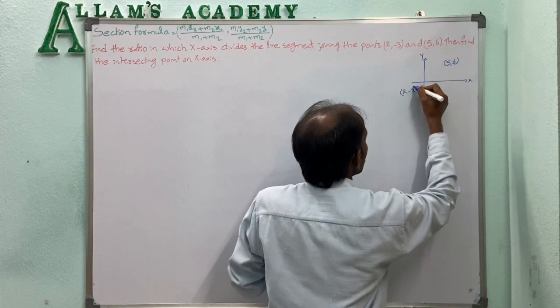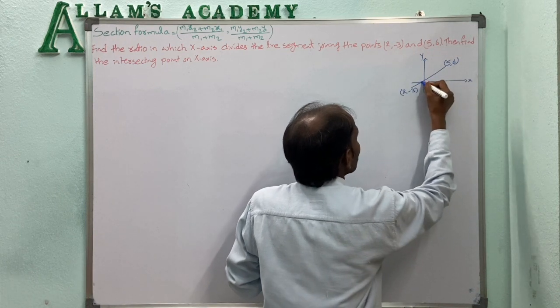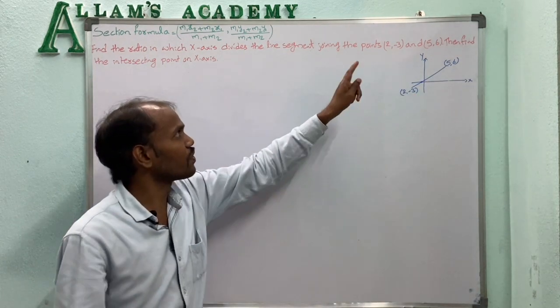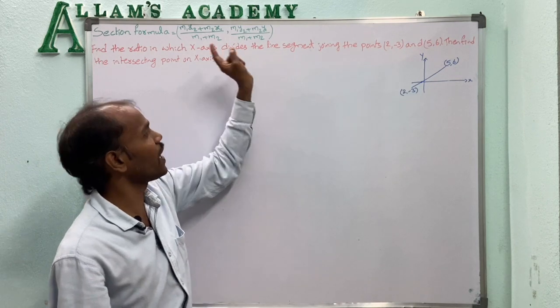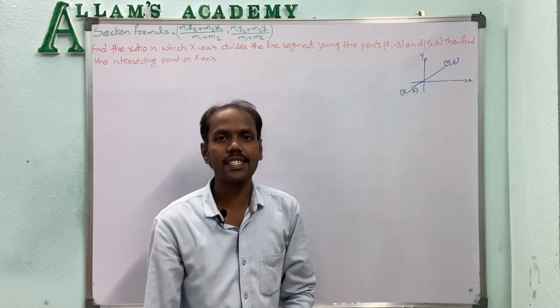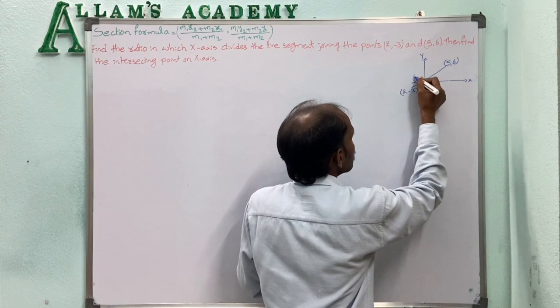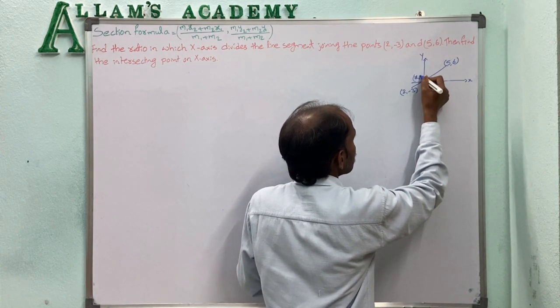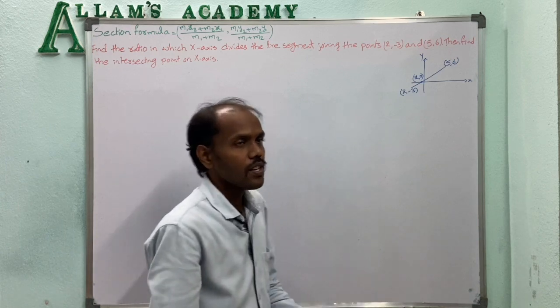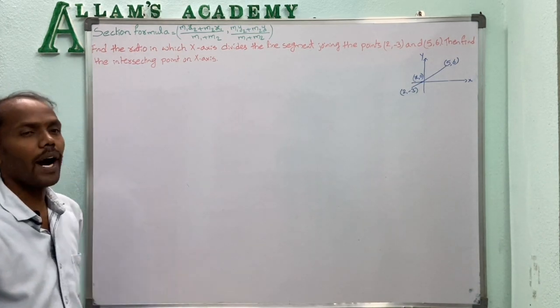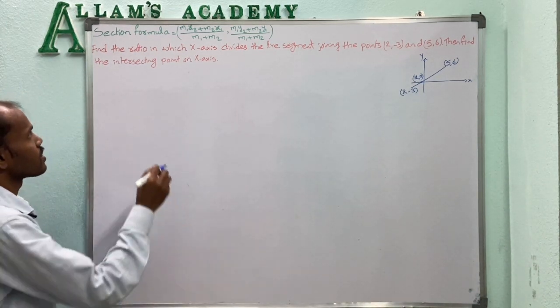At which place will the line joining these points be divided by the x-axis? On the x-axis, the y coordinate is 0. So that is x comma 0. So now the dividing point is x comma 0.